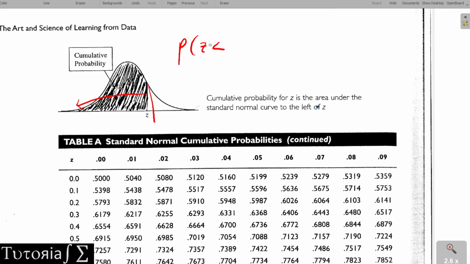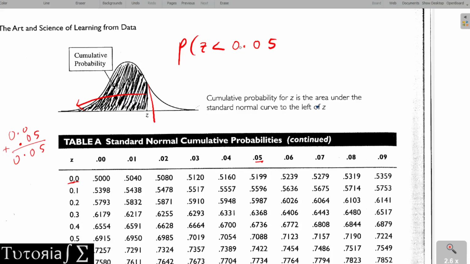So maybe if we are asked to find probability of z less than 0.05, we look for 0.0. So 0.0 is here. Then 0.5 will be here. Okay? Always 0.005. So this is 0.05 here. And basically, this is more like an addition. You have 0.0 plus 0.05, which will give you 0.05.